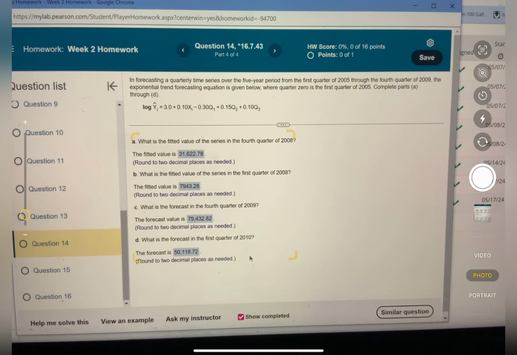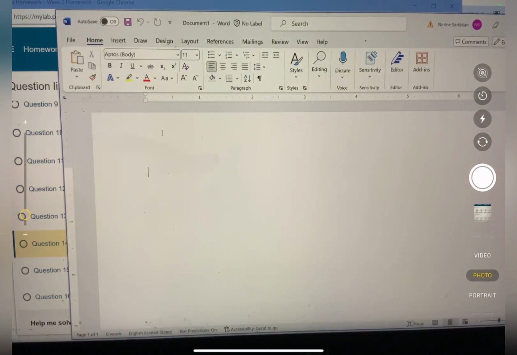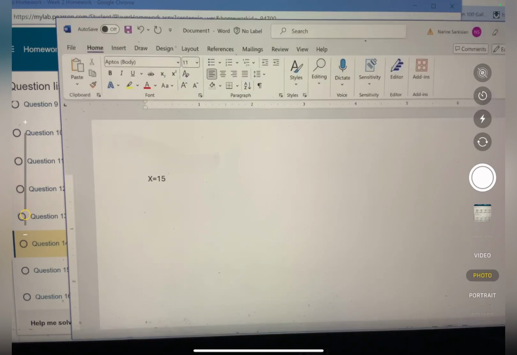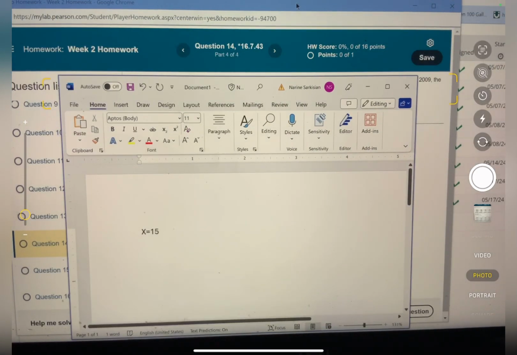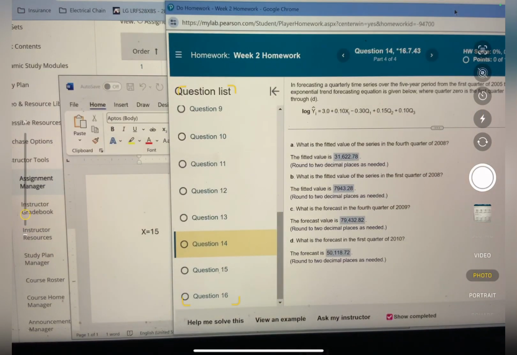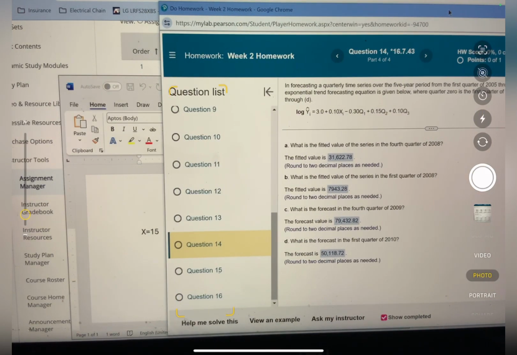One second, let me open MS Word here. Our x is going to be equal to 15. Let's make it small so we can see what's happening here. All right, x is equal to 15. Now let's look at quarter 1, quarter 2, quarter 3. All 3 quarters can be either 1 or 0.